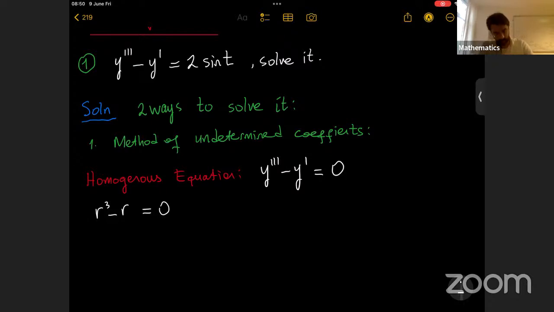Okay, and what are the roots here? The roots are r is equal to 0 and r squared minus 1, so plus minus 1. There are three roots.